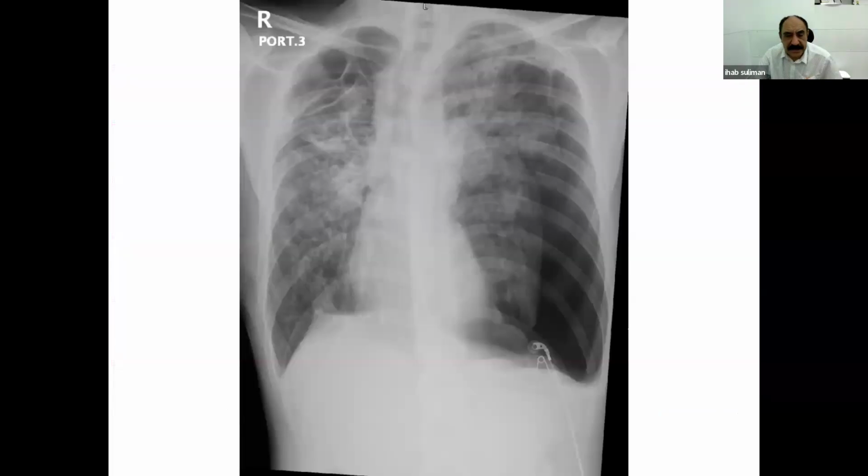So let us take this X-ray appearance for a patient who comes to the ER with severe respiratory distress. He's an elderly gentleman, by the way.